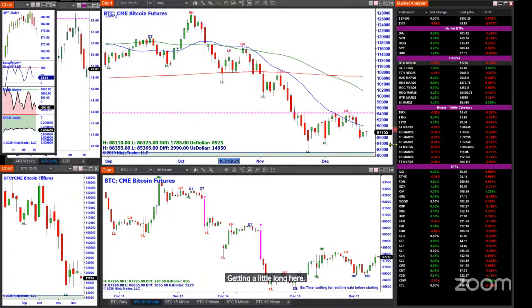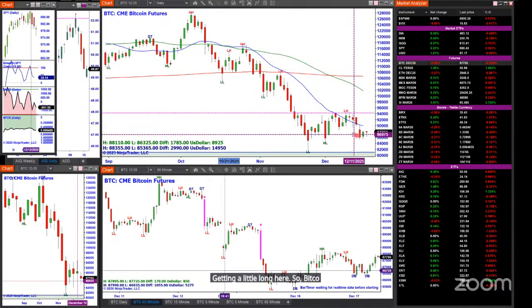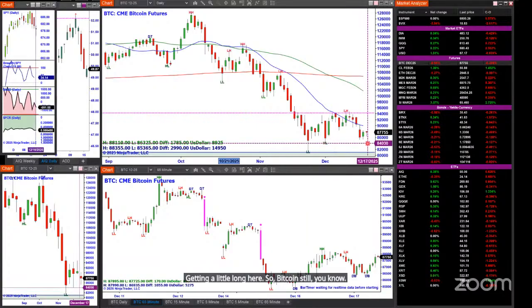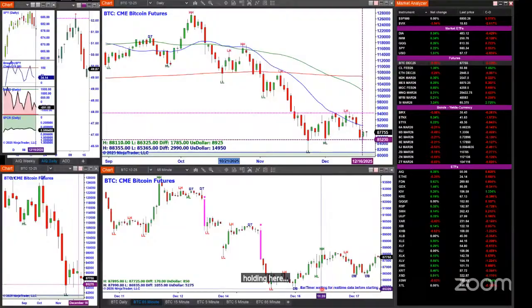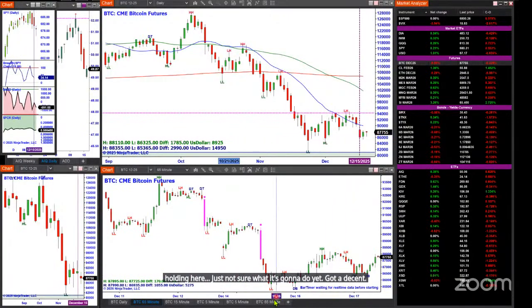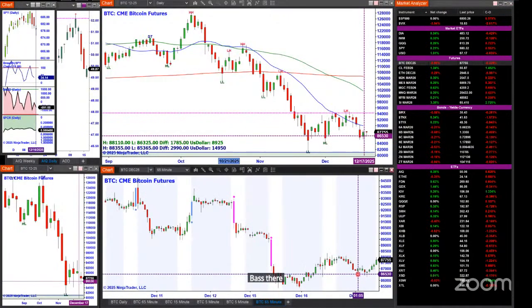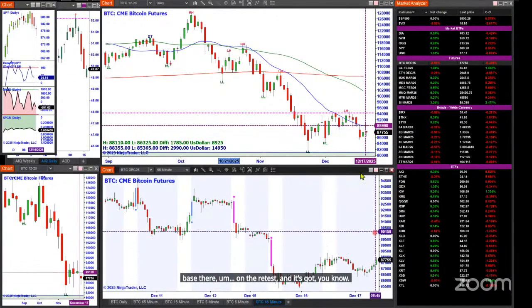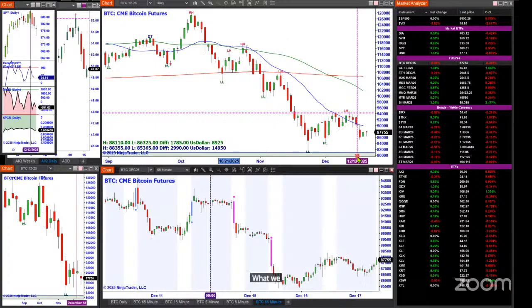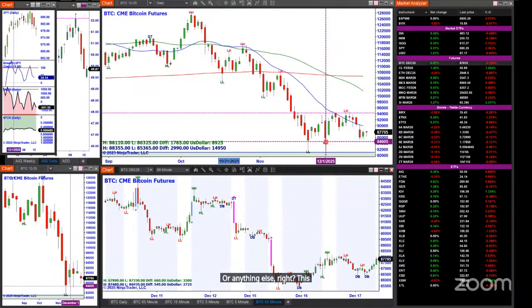All right. I'm getting a little long here. So Bitcoin still, it dropped down, holding here. Just not sure what it's going to do yet. Got a decent base there on the retest, and it's got some room to move up. But what we really want to look for, and it doesn't matter whether it's Bitcoin or anything else, this is on some support. This is why we look at these pivots.